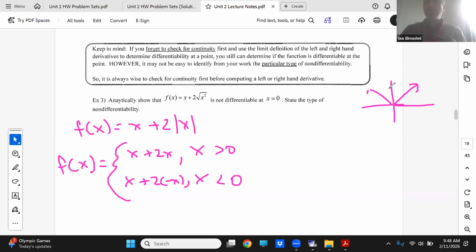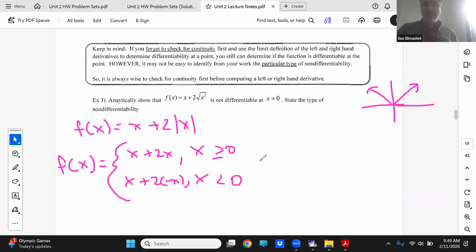If you have absolute value, 2 times absolute value of x is a little steeper, right? But the right side is positive slope. So obviously I'm going to go with positive x when x is bigger than 0. I'll go with negative x on the left. And by the way, should 0 be included? Yeah, why should we include it? Correct. We don't have an x in the bottom, so you can put in either one.